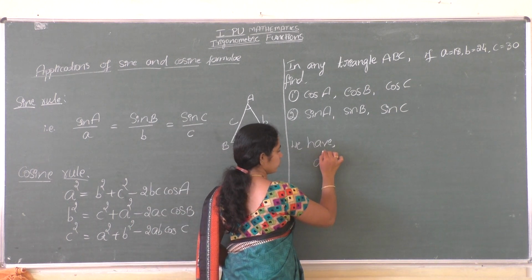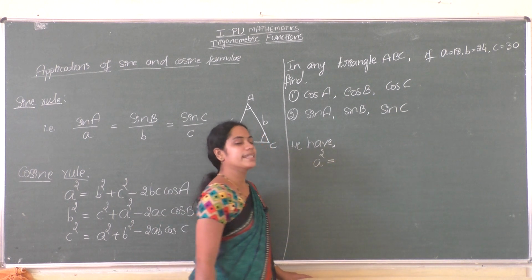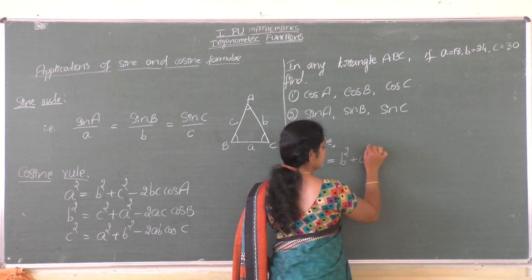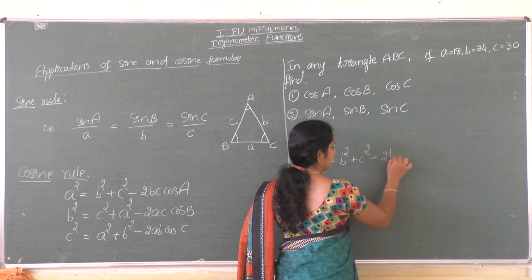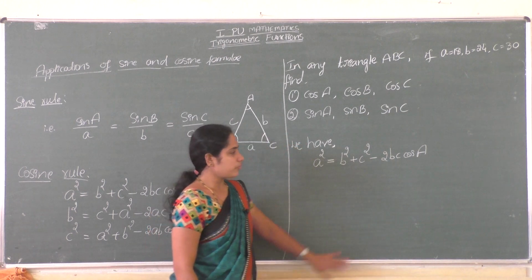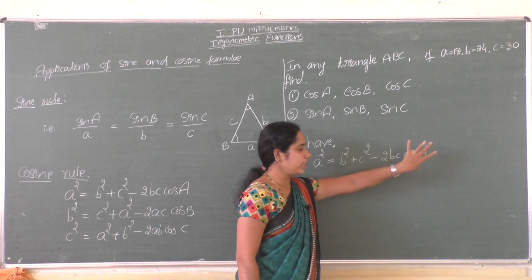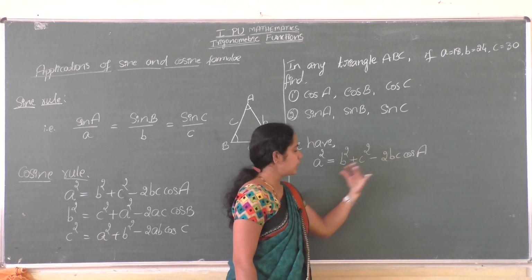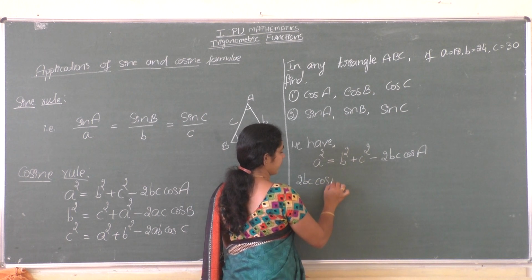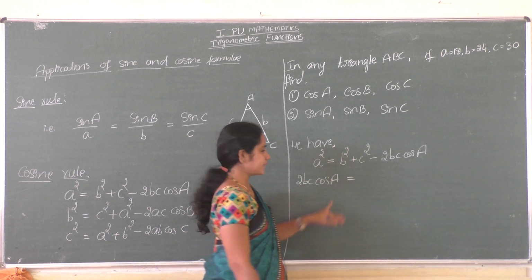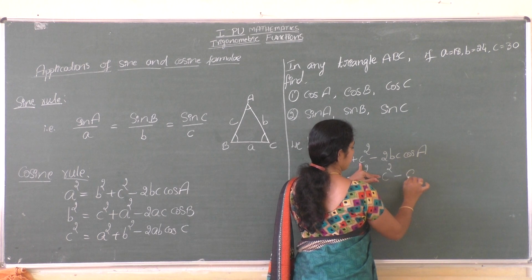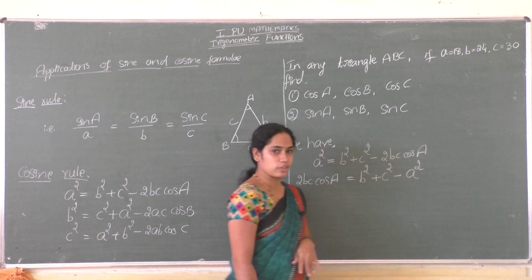By the cosine rule, what is a square? a square equal to b square plus c square minus 2bc into cos A. We need this cos A. Let us take this term to this side, that is 2bc cos A is equal to b square plus c square minus a square.